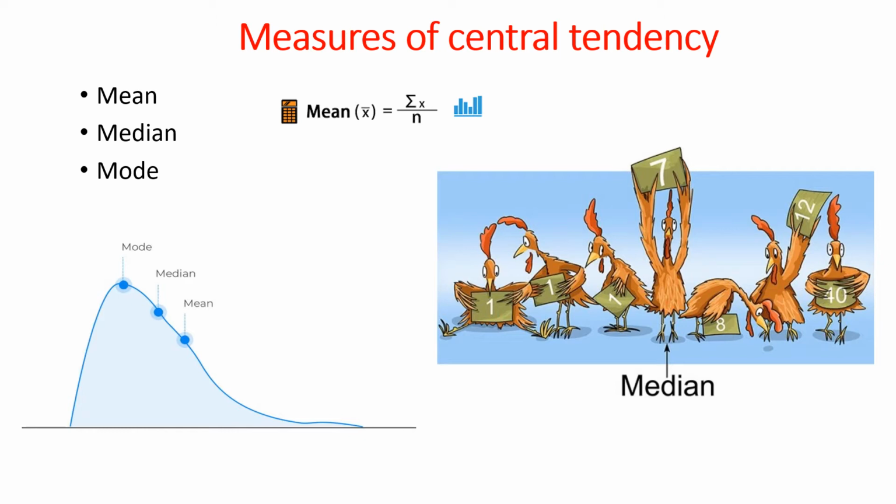Mode is very simple to define: it is the most frequent observation in your data, the thing which has occurred the most in your data. It's also very useful when it comes to categorical data, specifically.